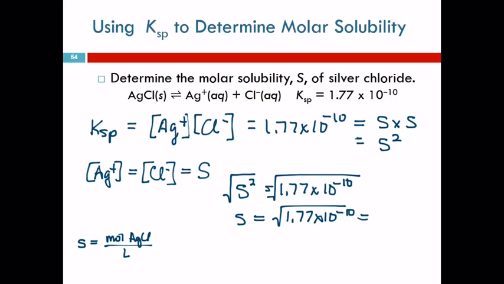So I get out my calculator, 1.77 times 10 to the minus 10. That gives 1.33 times 10 to the minus 5, and the units is moles per liter.